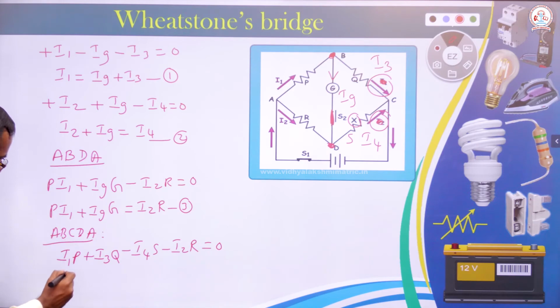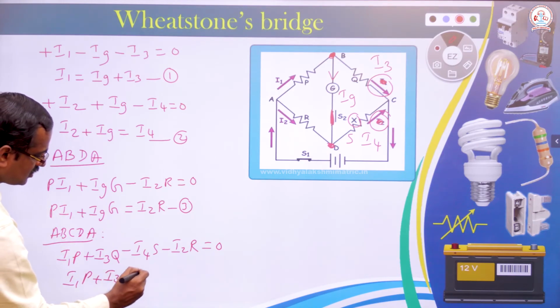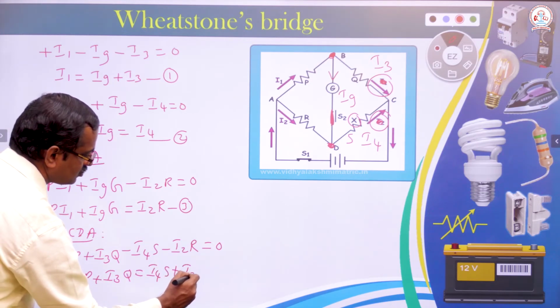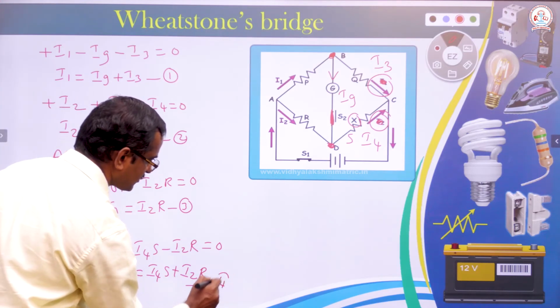This equation can be rewritten as I1 into P plus I3 into Q is equal to I4 into S plus I2 into R. Let this equation be 4.